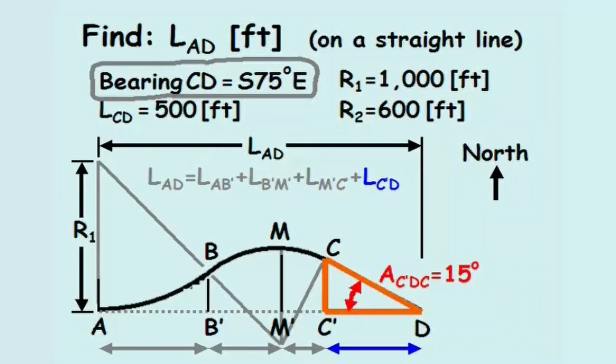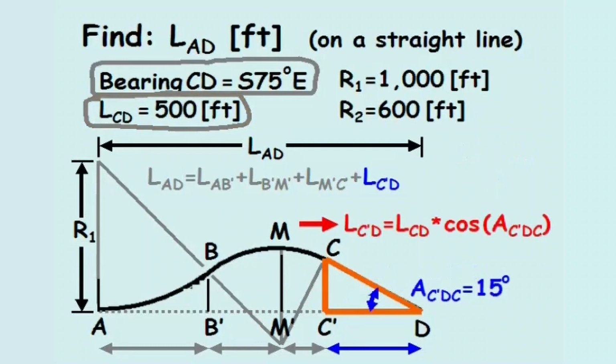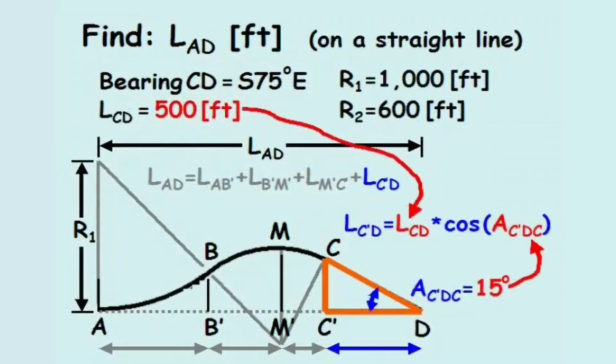The problem also provides the length of segment CD, which equals 500 feet. Therefore, we can equate the length of segment C prime D to the length of segment CD times the cosine of angle C prime DC. After plugging in the known variables, the length of segment C prime D equals 483.0 feet.